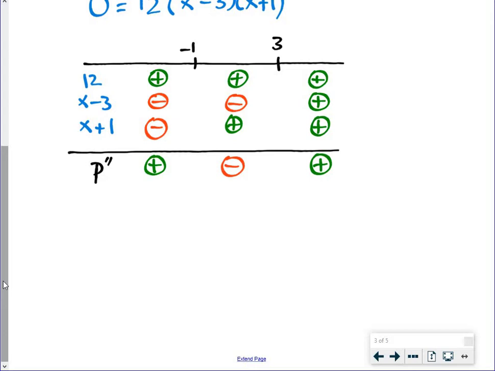So what that means is I'd expect concave up, then a point of inflection, then concave down. I was just going to write dn, concave down, and then concave up again.